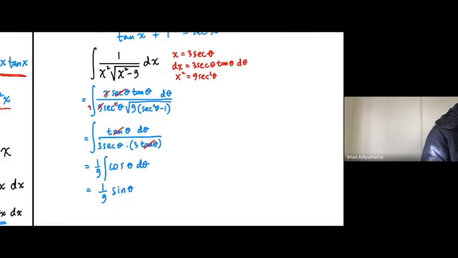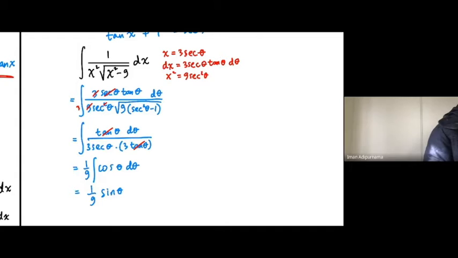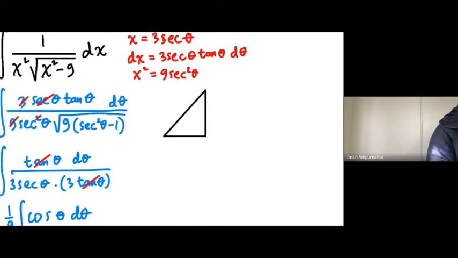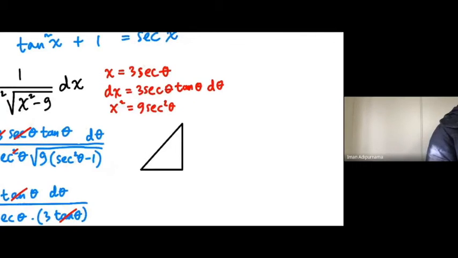So how to do that? We can use the triangle. The secant theta is x over 3. So cos theta is 3 over x.